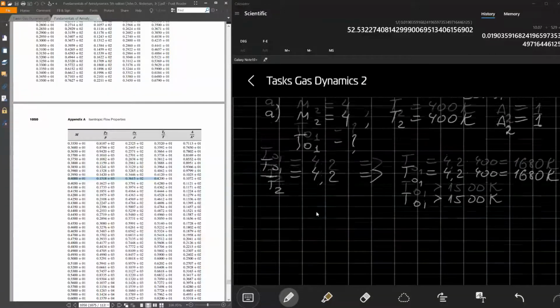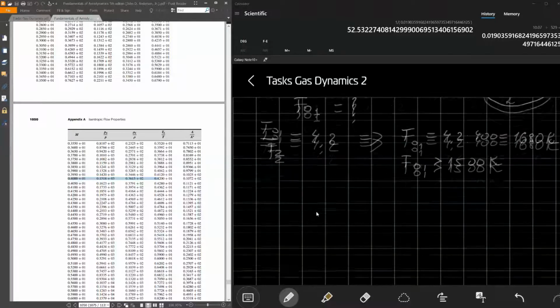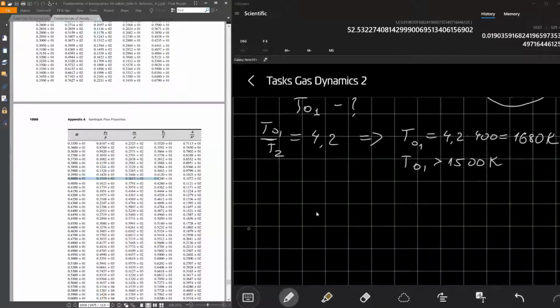If you are also given the area, as I showed here, you can see from which section the flow can be considered with constant gamma, R, Cp, and Cv. So we need to find the ratio, because if you remember, I will make a very small sketch here. Okay, this is our nozzle. This is our section 2.